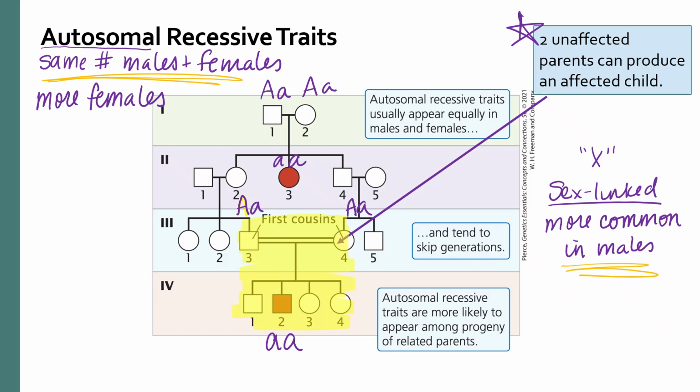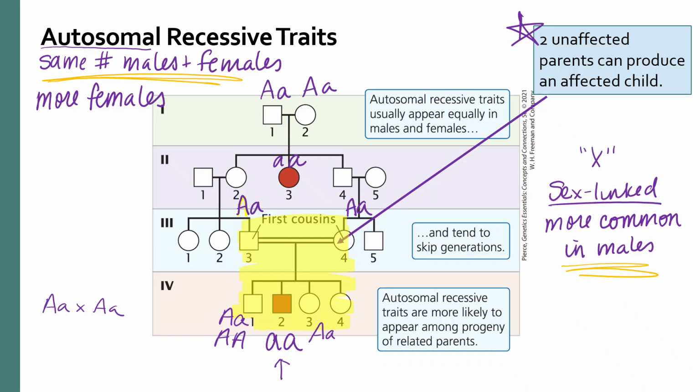You may be asked to fill in any number of individual genotypes. You should write all of the possibles. So once we determine this is an autosomal recessive, we know that every affected individual is going to be homozygous recessive. For the other individuals, if we look at the parents, we have heterozygotes. That means these individuals could be homozygous or heterozygous.